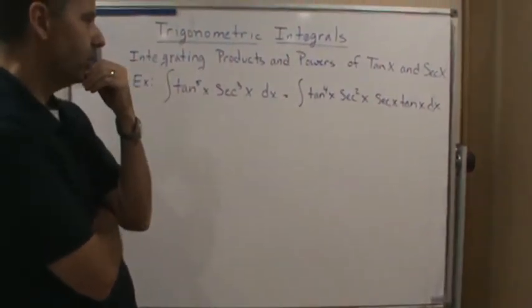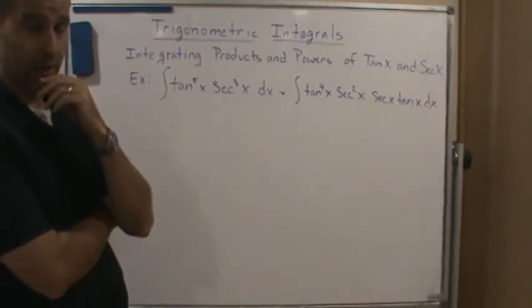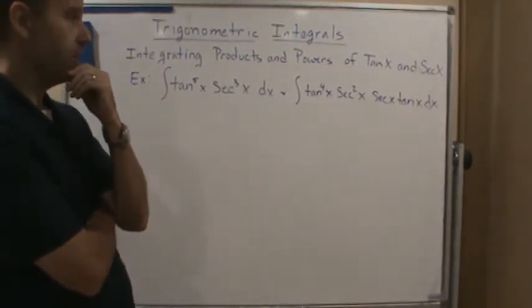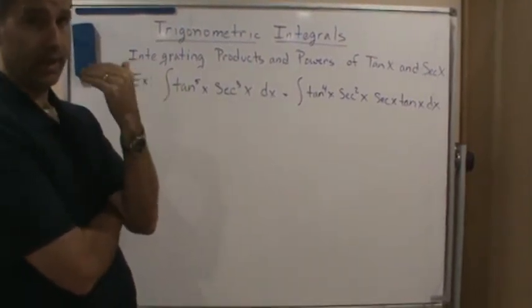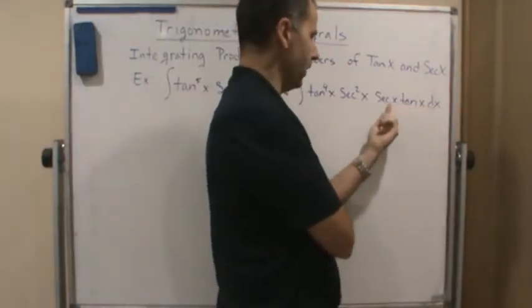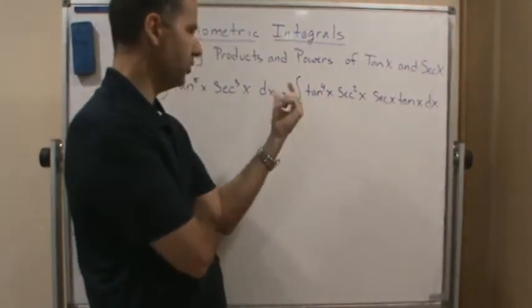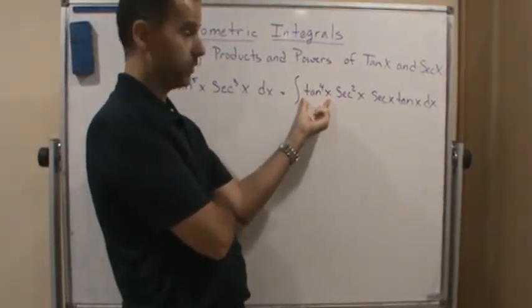And in this case, we're going to want to rewrite tangent in terms of secant, because we know that the derivative of secant is secant tangent. And so now that we've got secant tangent, this is going to be our du, which means u is going to be secant, so we're going to have to rewrite this tangent in terms of secant.